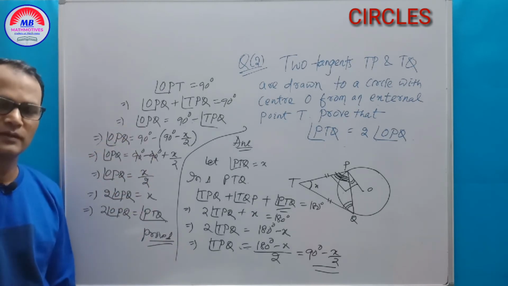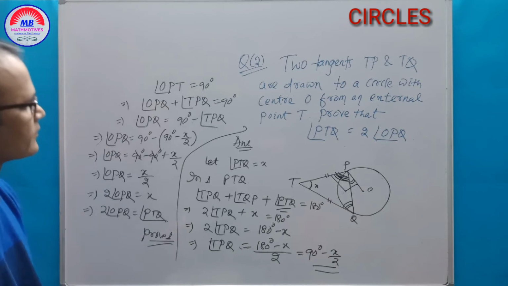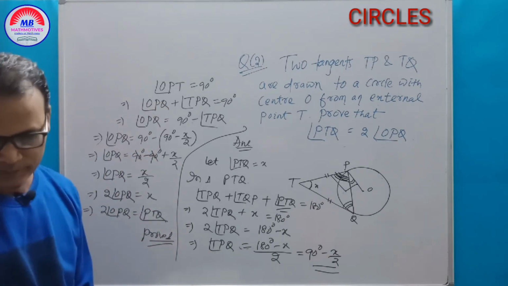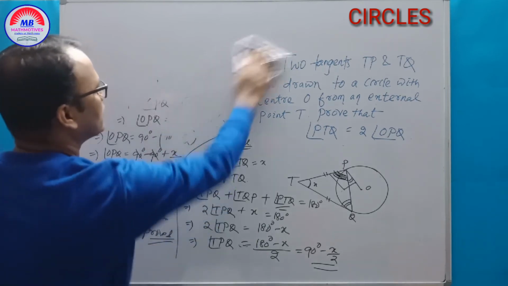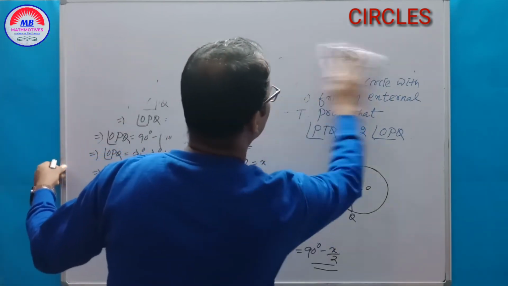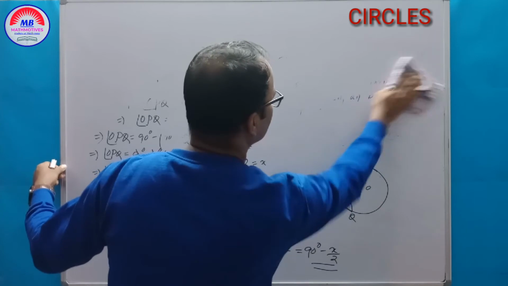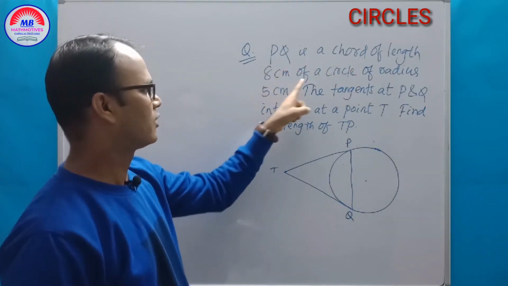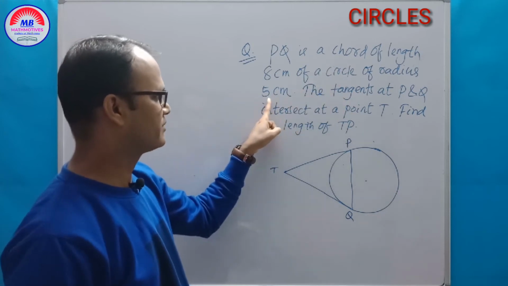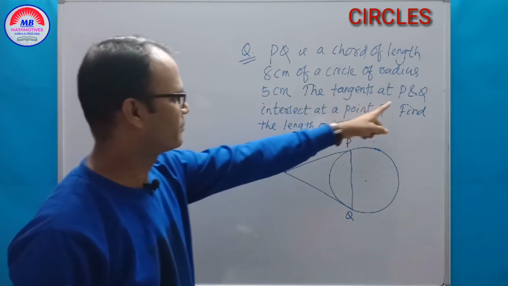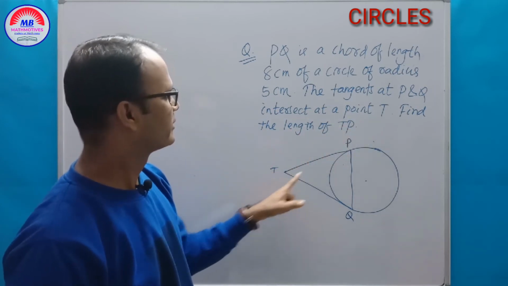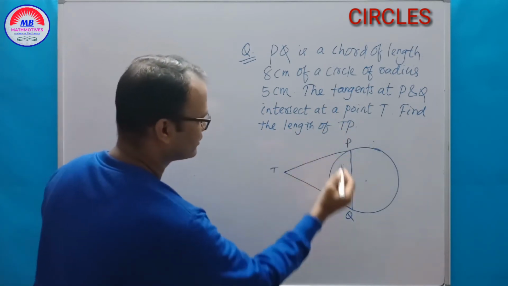Okay. Next question. Just write it. PQ is a chord of length 8 cm of a circle of radius 5 cm. The tangents at P and Q intersect at a point T. Find the length of TP.